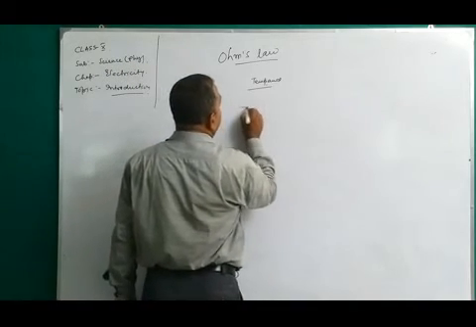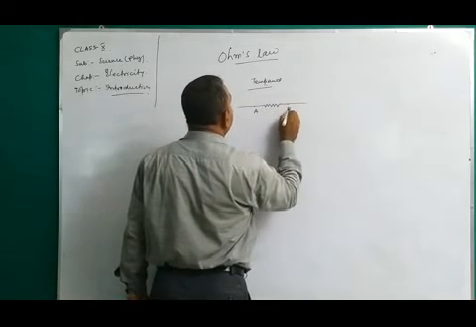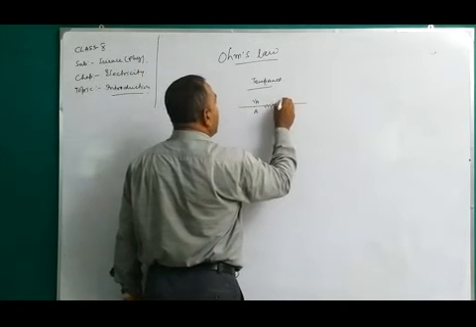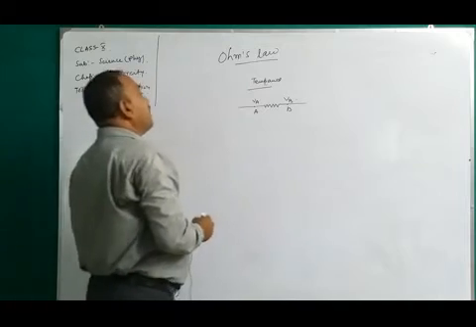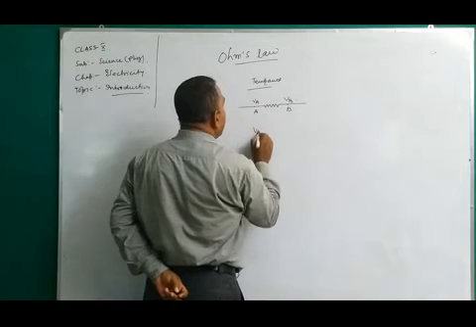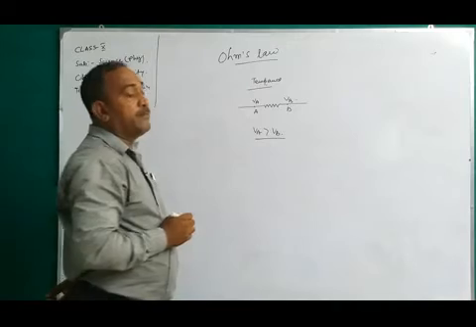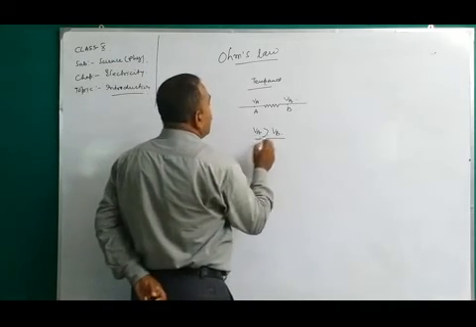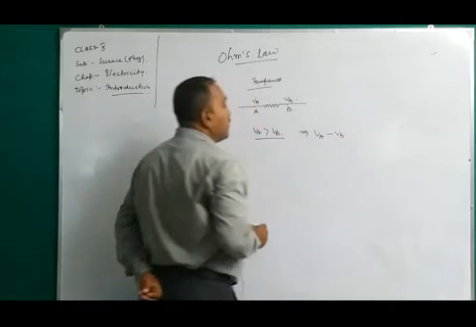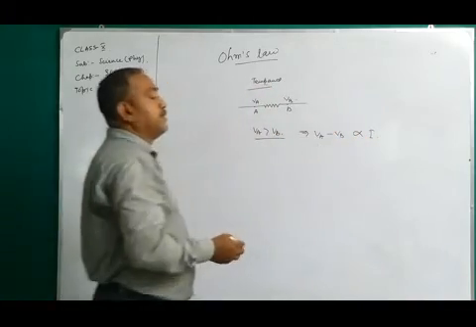The current passing through the conductor, any 2 points, suppose you consider A and B, the potentials are VA and VB. VA must be greater than VB. So the potential difference VA minus VB is directly proportional to the strength of the current passing through the conductor.